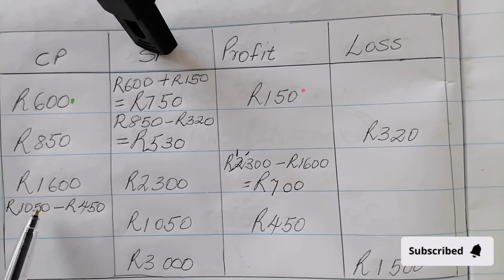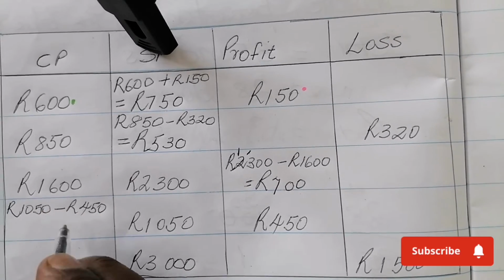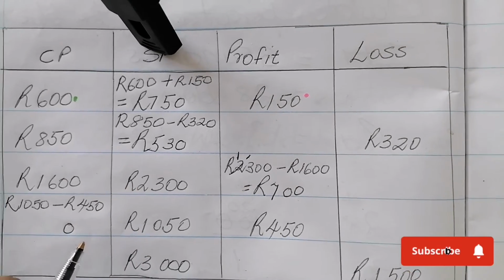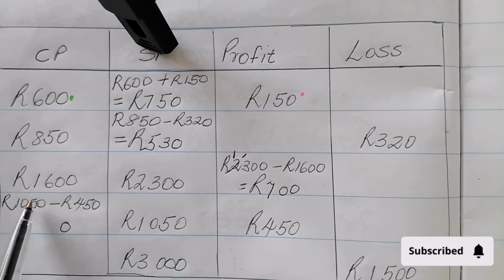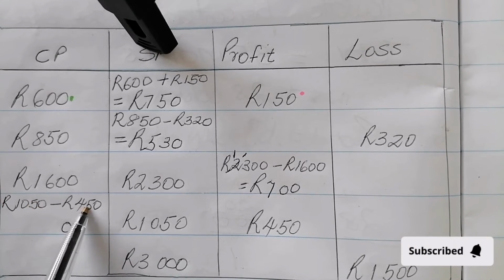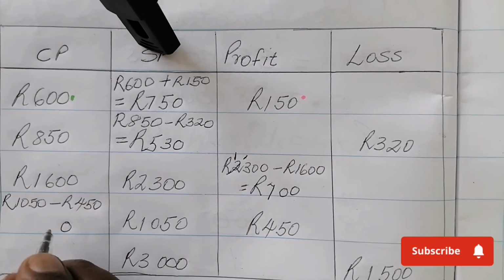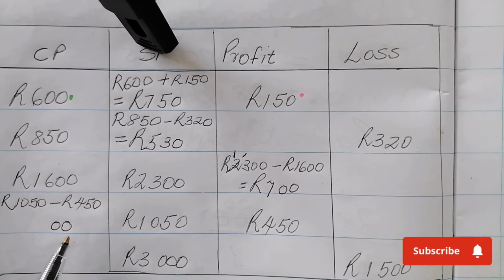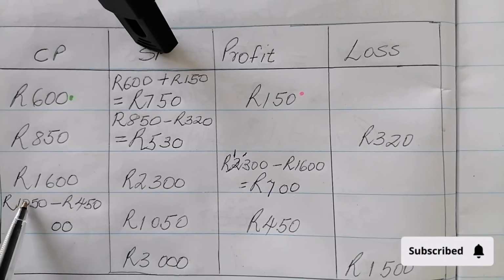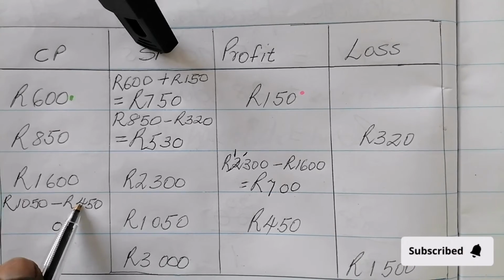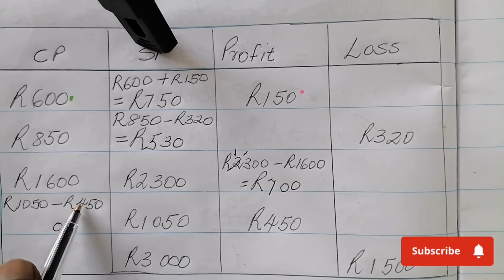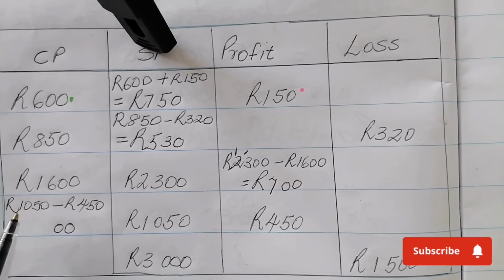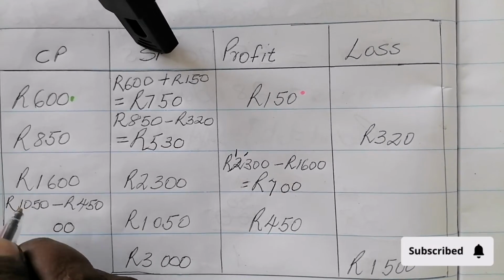So 0 minus 0, 0. 5 minus 5, 0. 0 minus 4, we cannot take away the 4. So what we should do, we have to borrow next door the 10.